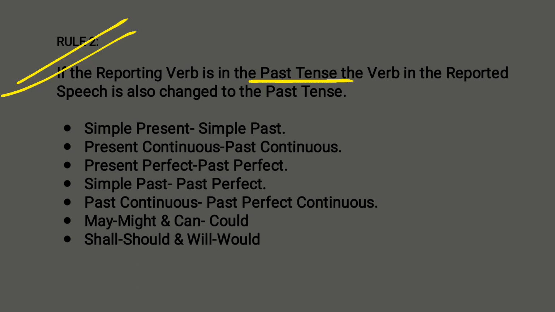See, this rule is little big. So if you want to understand this rule very clearly, you have to remember the following things which I have given here. But before this we will just try to understand this. If the reporting verb is in past tense, the reported speech is also changed to the past tense.